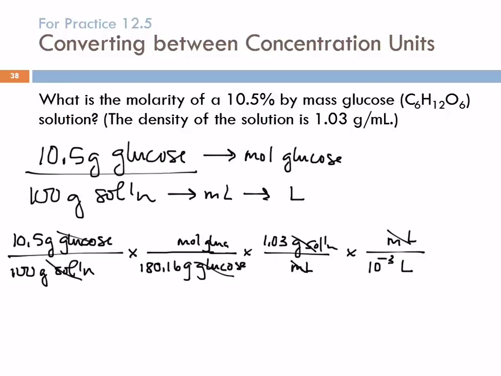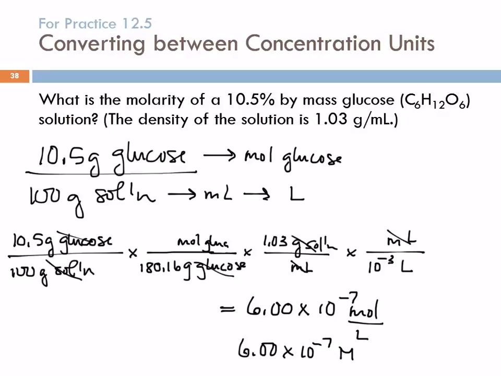So then I've got 10.5 divided by 100 divided by 180.16 times 1.03 divided by 1 EE minus 3 equals 6.00 times 10 to the minus 7 moles per liter, or 6.00 times 10 to the minus 7 molar.